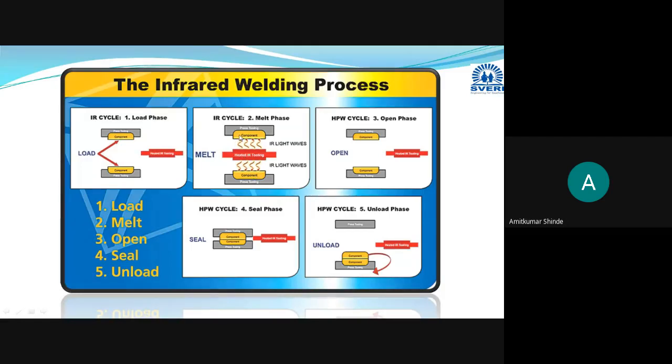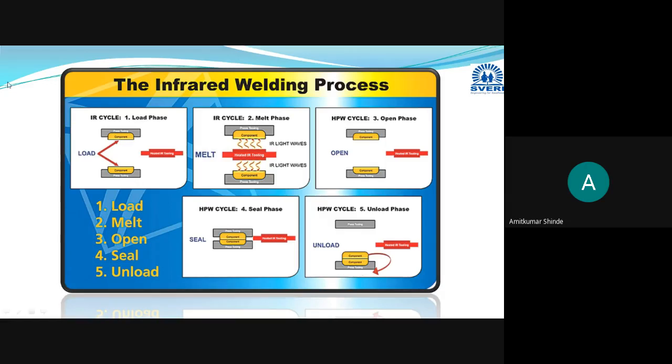Then these infrared light waves will heat the plastic surface. The surface layer starts heating, and after some time the plastic surface starts melting. Then the infrared light source is removed. Now I will explain the phases one by one. This is the load phase. Loading means in that holding fixture we are keeping the plastic materials which we want to join.